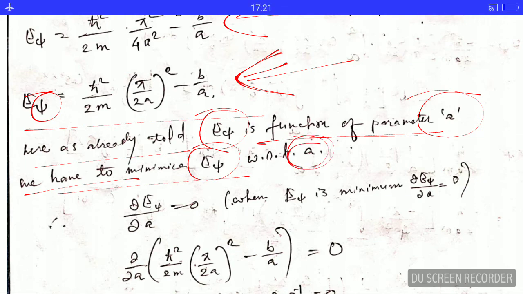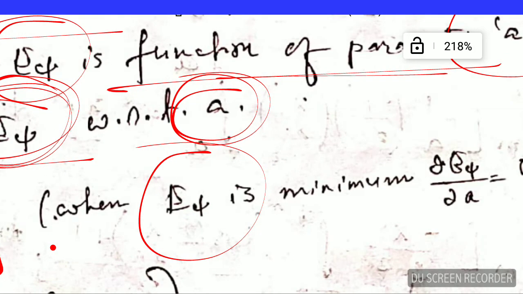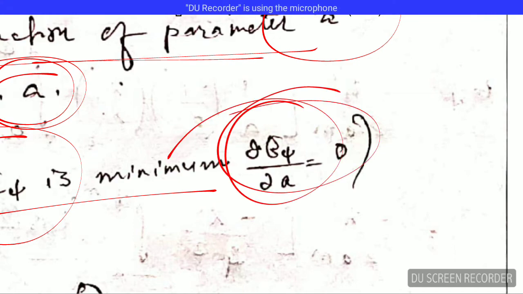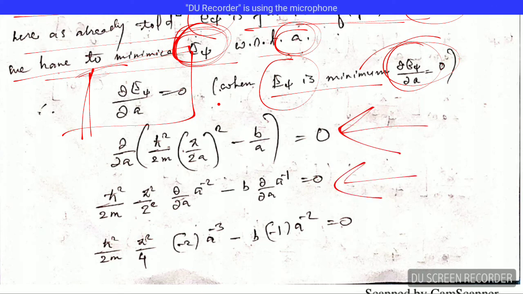So the condition for E psi to be minimum is this. When E psi is minimum, its derivative with respect to A should go to 0. So I am differentiating it with respect to A. I have differentiated here, and then I simplified at this point.